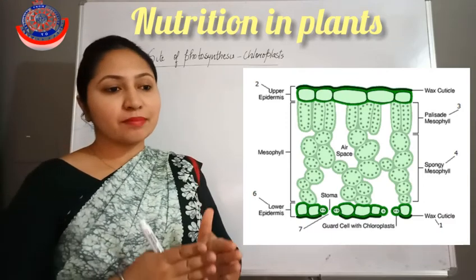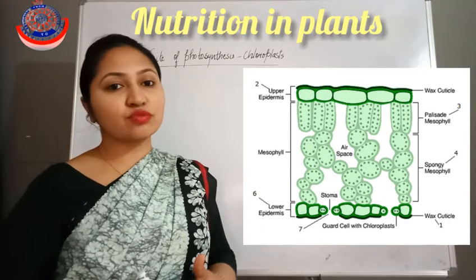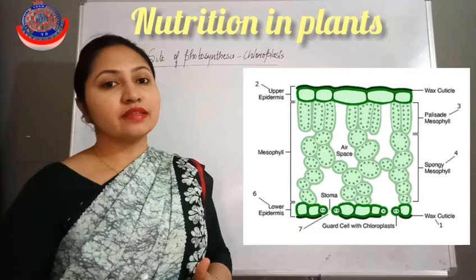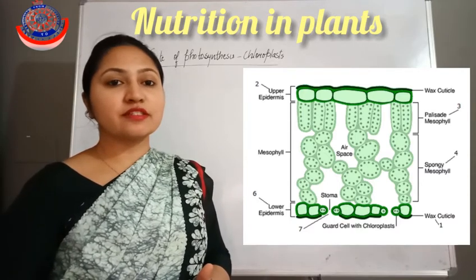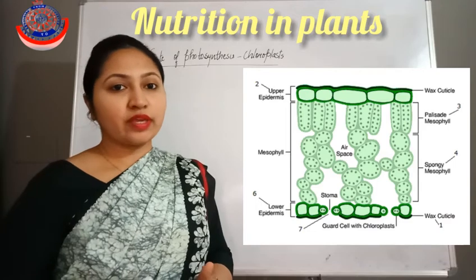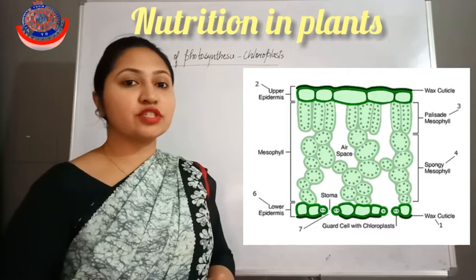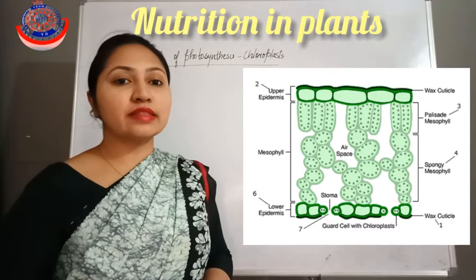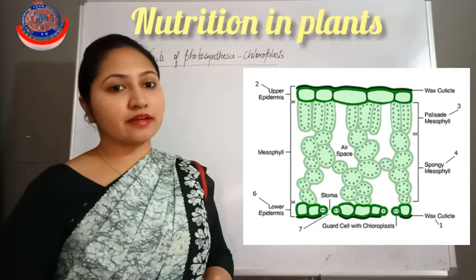Okay, now in the middle layer you can see two layers of tissues that are present: the upper one is the palisade tissue, and the lower one is the spongy tissue. Both these tissues contain mesophyll cells, which are also known as photosynthetic cells, in which photosynthesis occurs.